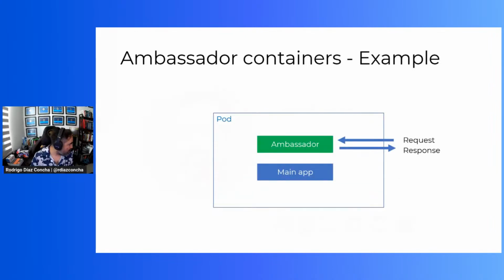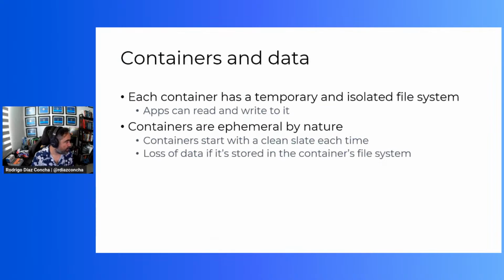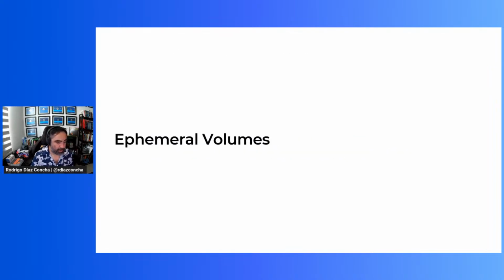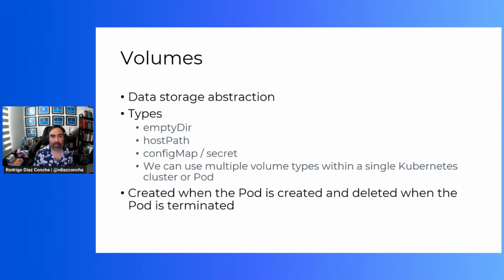So then we saw state persistence, right? We talked about containers and data. We talked about ephemeral volumes, which are a way of defining a storage place for your applications, right? So this is a storage abstraction.